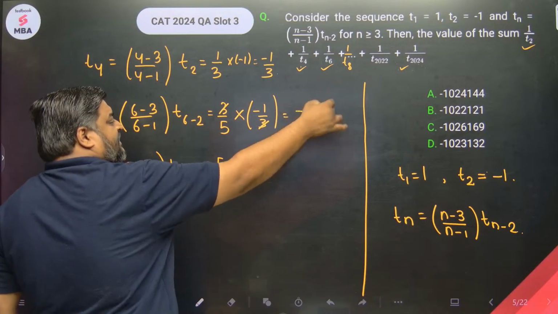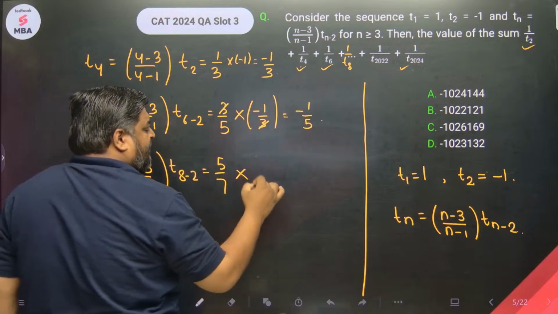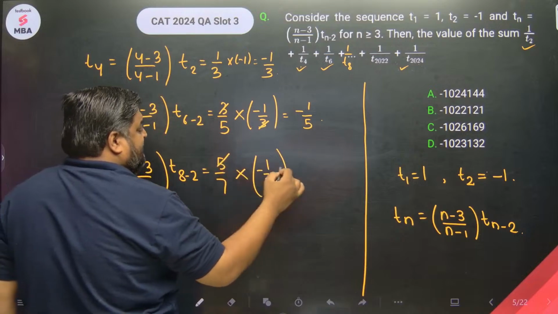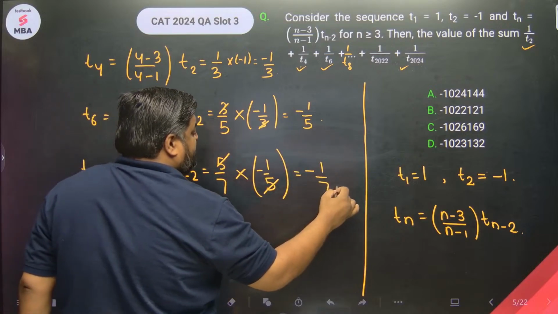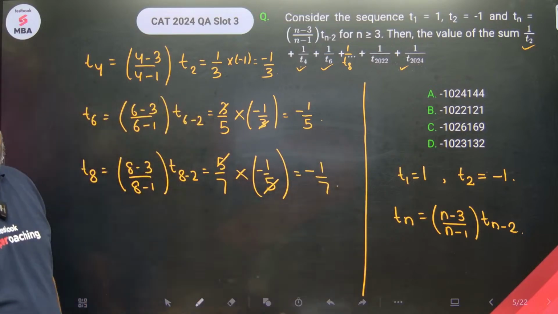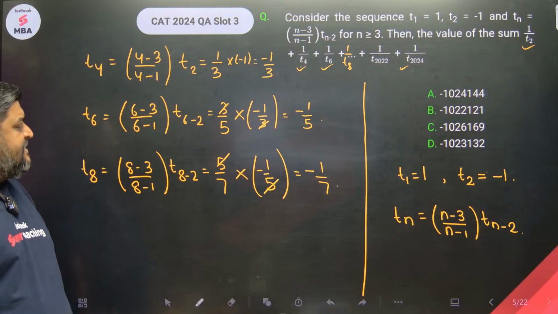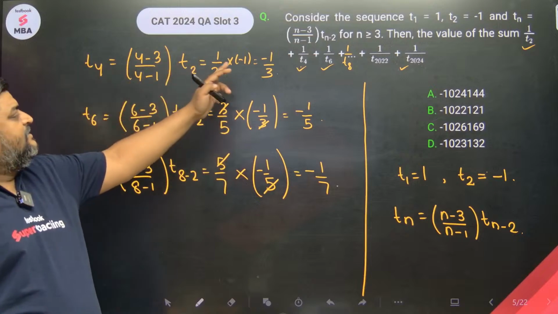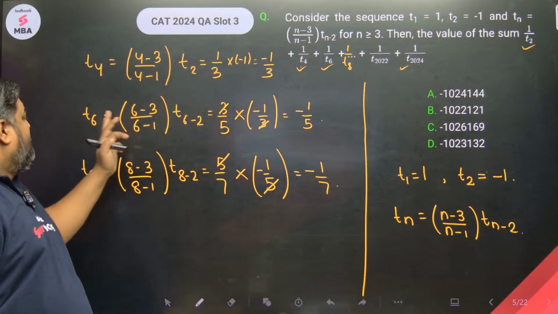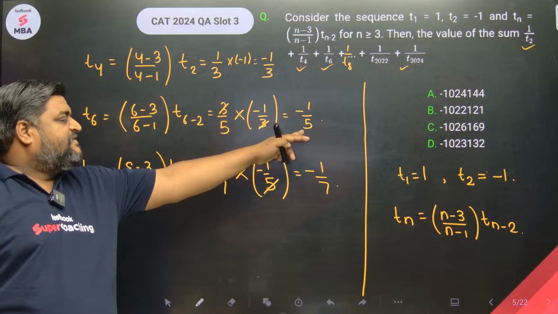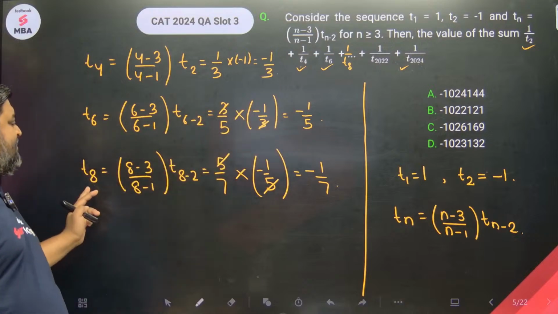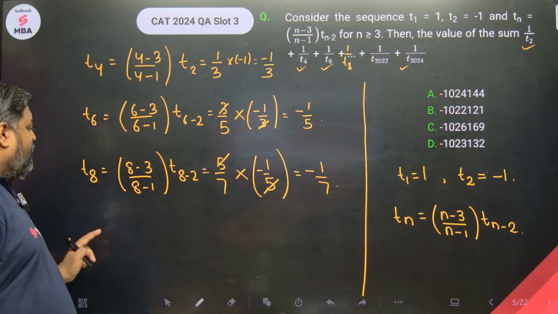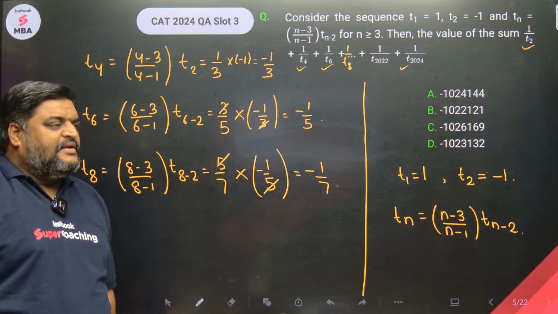T6 we have already calculated, minus 1 upon 5. This 5 is cancelled out. What do I have? Minus 1 upon 7. So एक pattern मिल गया ना guys. T4 is minus 1 upon 3, T6 is minus 1 upon 5, T8 is minus 1 upon 7, T10 would be minus 1 upon 9. So that's the pattern.